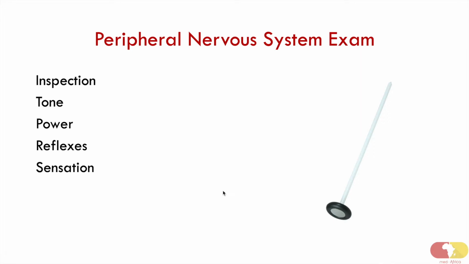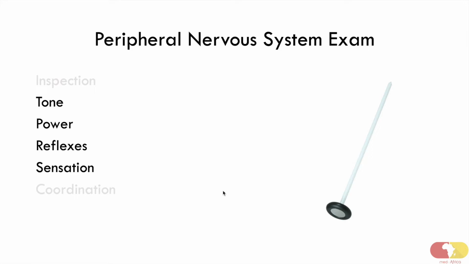We then examine the sensation, and we'll go into sensation in detail, the different modalities of sensation that you have to test, and with those as well, you have to go step by step, making sure you're not missing any level in the upper or lower limbs. And then we examine for coordination, and this mainly is assessing the function of the cerebellum.